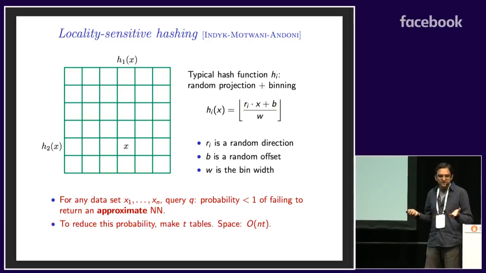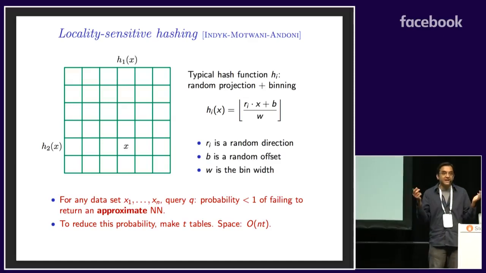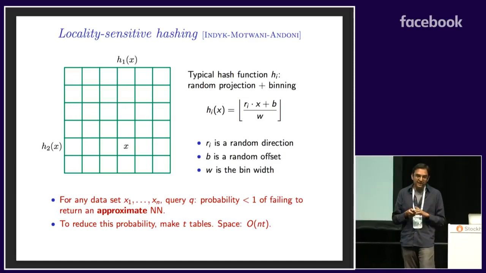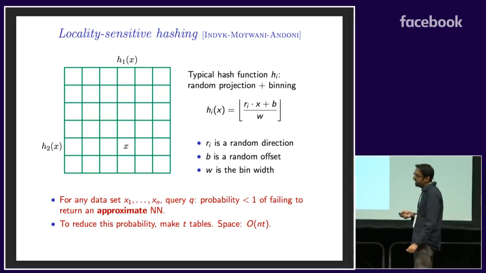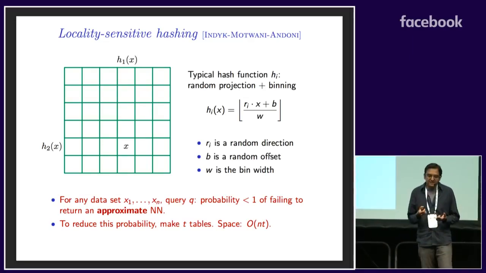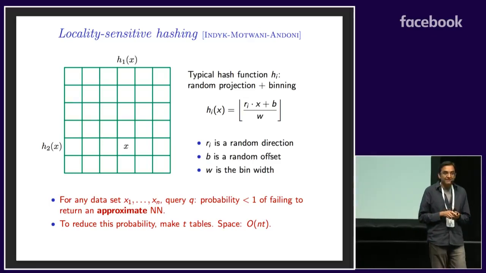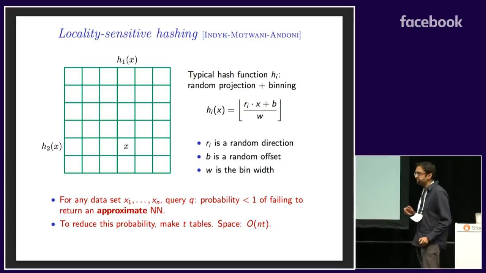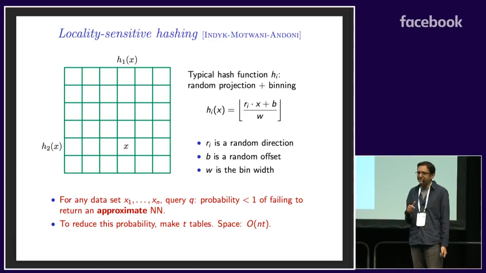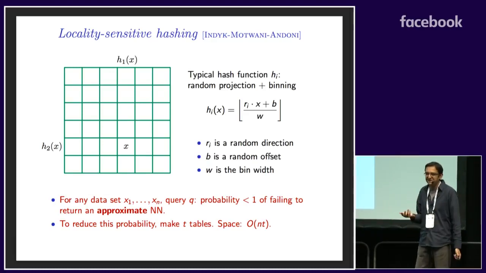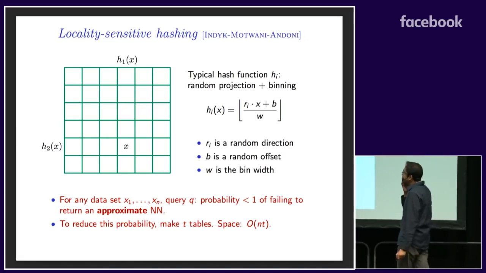You build 10 tables, and the probability becomes 0.9 to the power of 10. Okay, you build 100 tables, it becomes 0.9 to the power of 100. Okay, so this randomization paradigm has been very effective because you can make the error probability as low as you like by just duplication. You know, it's a very simple operation.